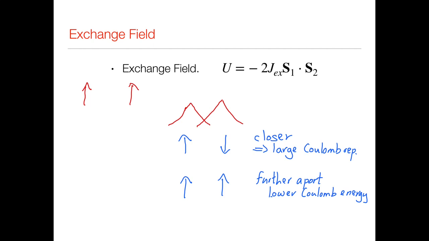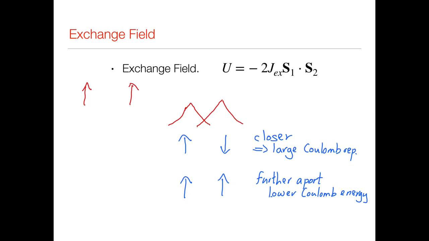So just to summarize, the exchange field means that having two neighboring spins parallel to each other is a lower energy state than having them aligned anti-parallel.